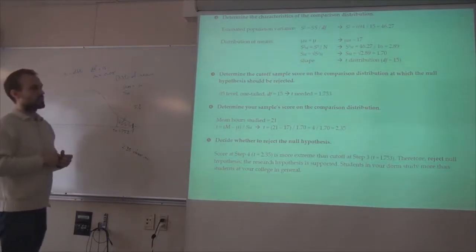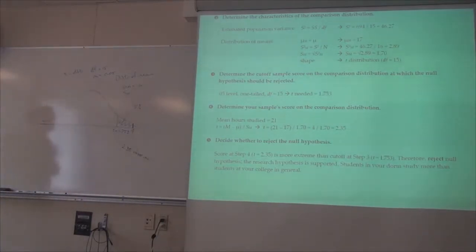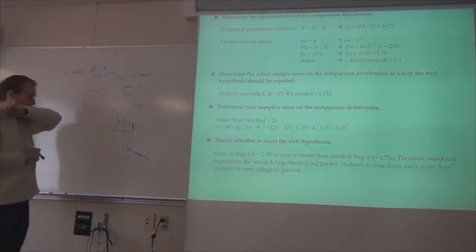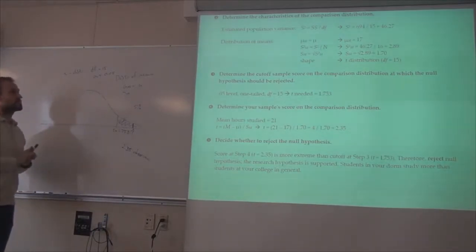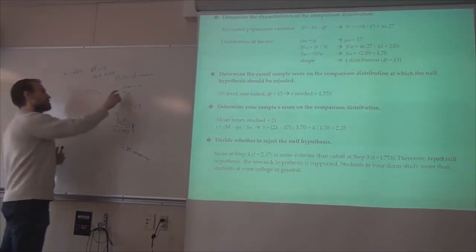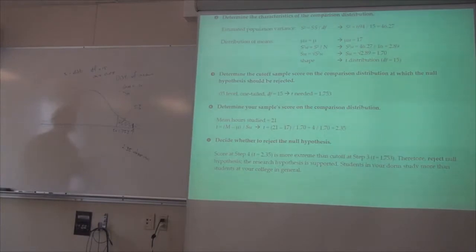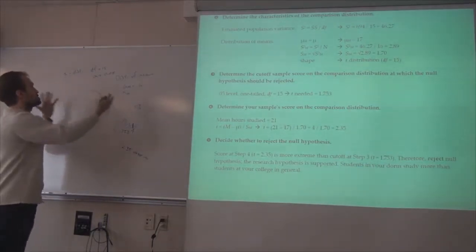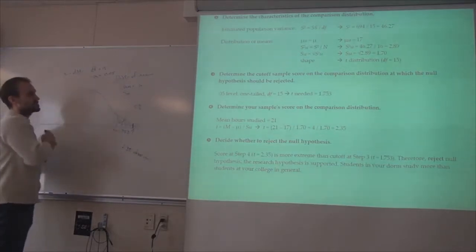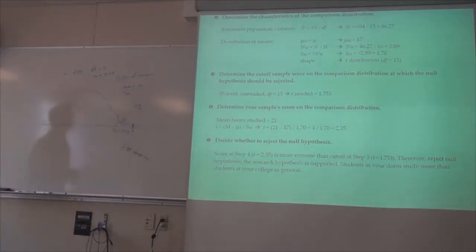That I reject the null hypothesis in favor of the research hypothesis. So everything works in pretty much exactly the same way, except if I don't know the population standard deviation or variance, I have to approximate that by way of my sample. That puts me with a t-distribution, but everything else is the same.